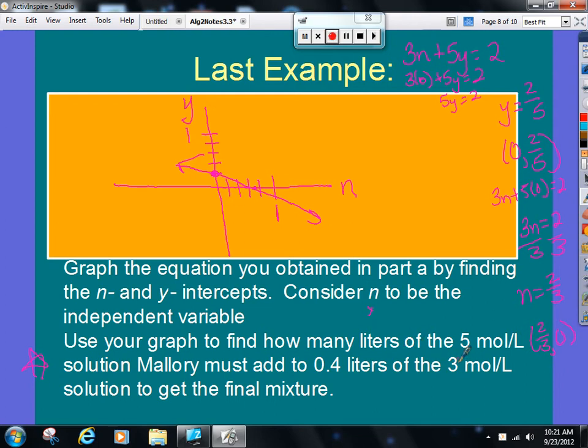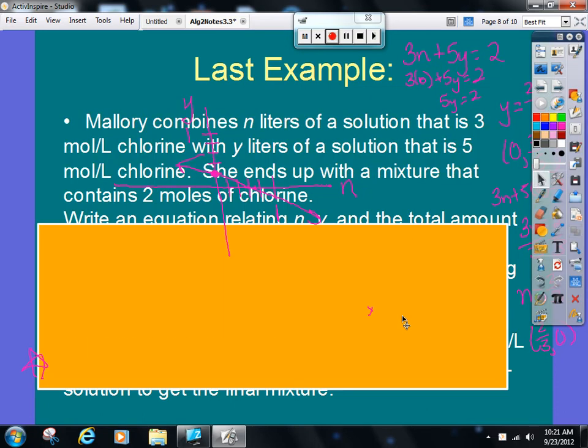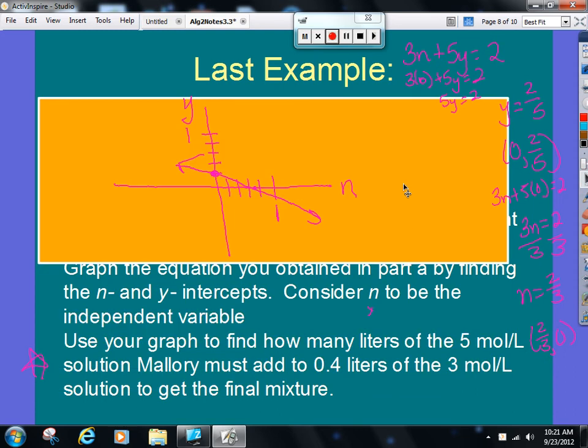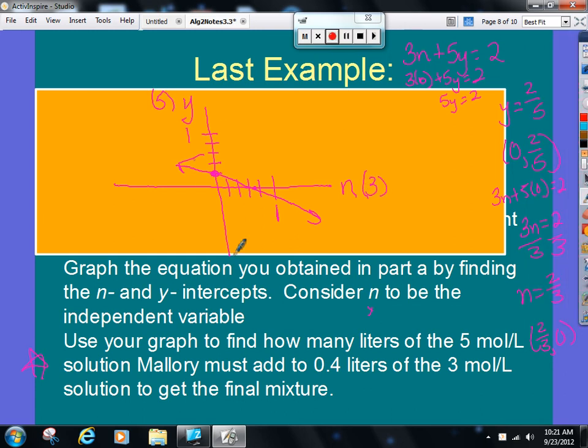Okay, how many liters of the 5 mole solution? Which one's the 5 mole solution? N was 3, and this one was the 5. They're saying if you have 0.4 liters of the 3 mole solution, 0.4 was right here, goes up to this spot, and you're looking at, I don't know, 0.1.